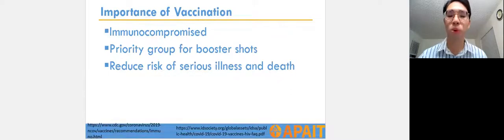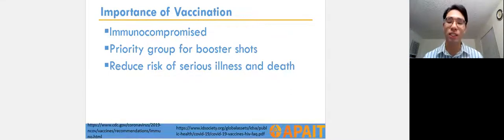And finally, the importance of COVID-19 vaccinations. So those living with HIV are considered the priority group for booster shots and during early stages of COVID-19 vaccinations, as they have compromised immune systems that could affect their health.